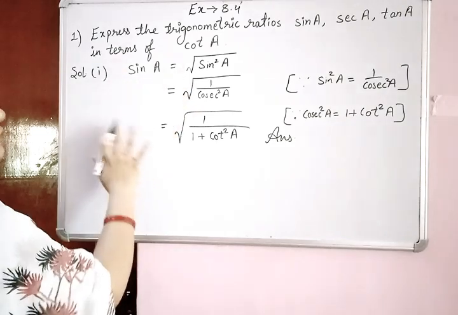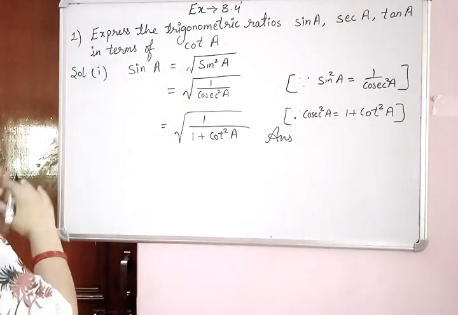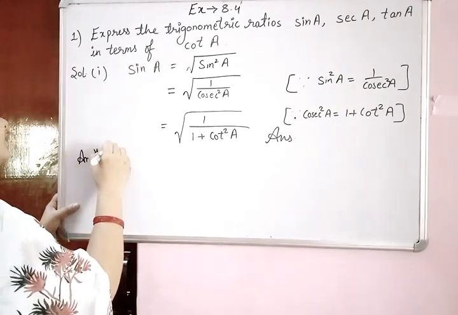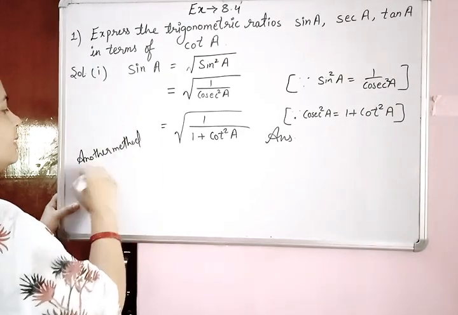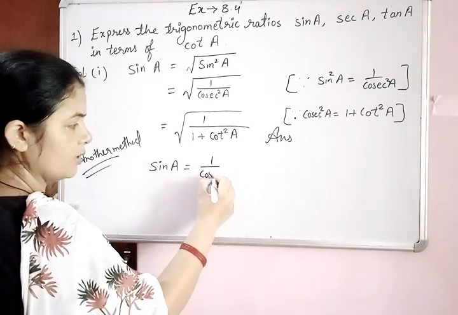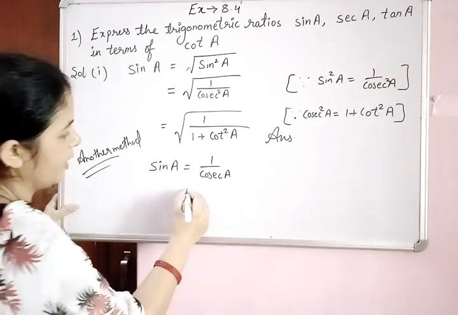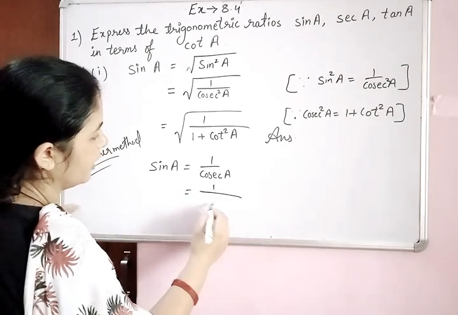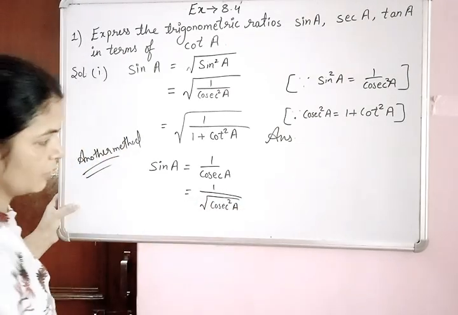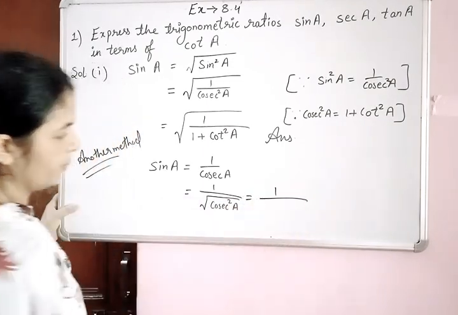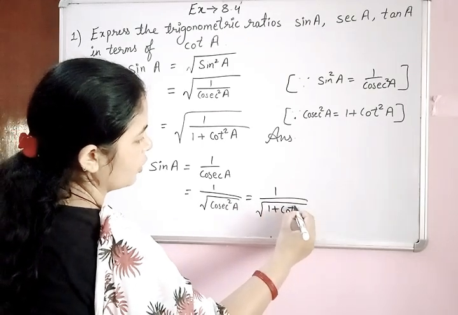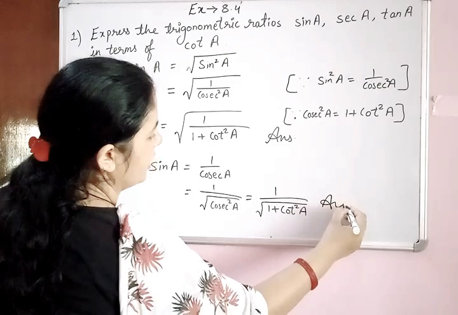In this first part, sine A, you can express it by another method also. We know that sine A is equal to 1 upon cosec A, and we can write it as 1 upon under root cosec square A, which is equal to 1 upon, in place of cosec square A, I can write 1 plus cot square A. This is the answer.